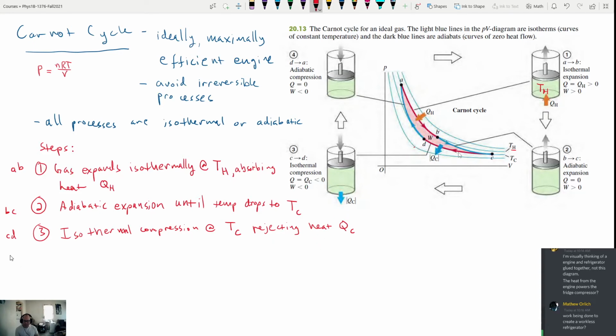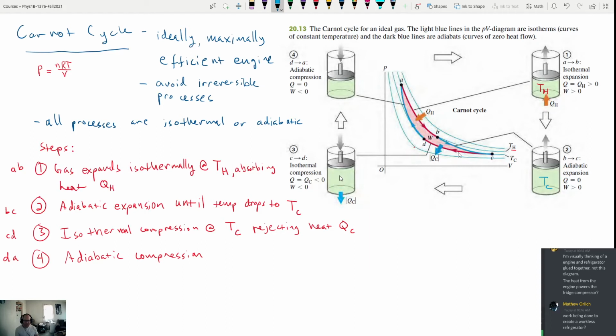Okay, and then finally, step 4, which goes from D to A. We're going to have another adiabatic term. This is going to be adiabatic compression. And this is going to lead to it getting back to the initial temperature. Let's write these down. This was TC.